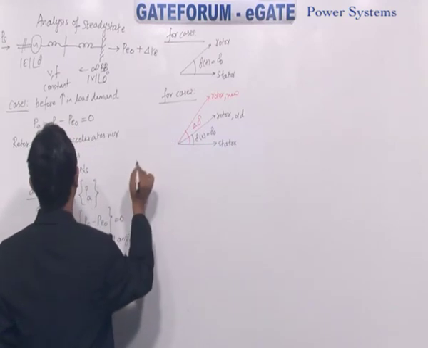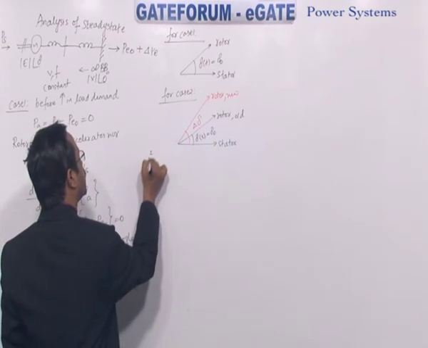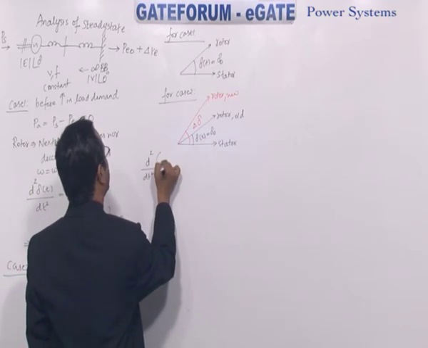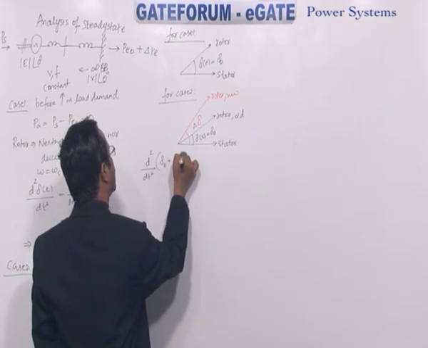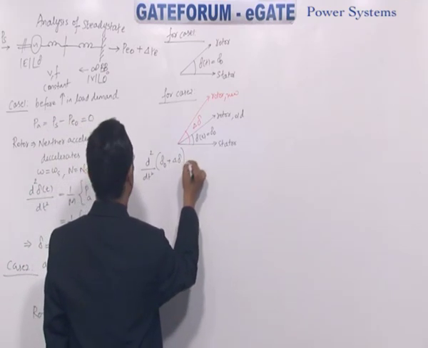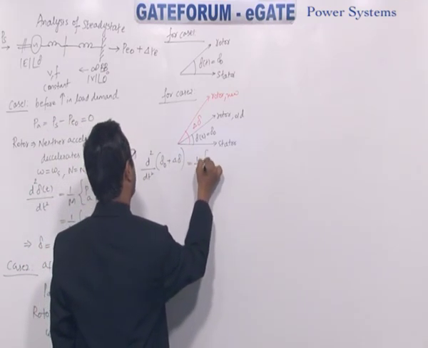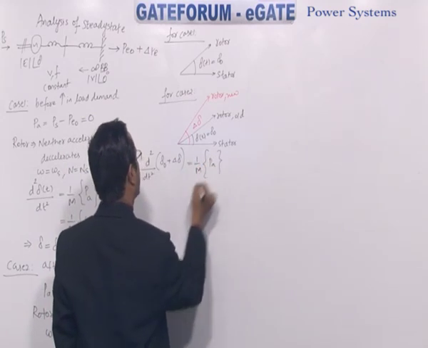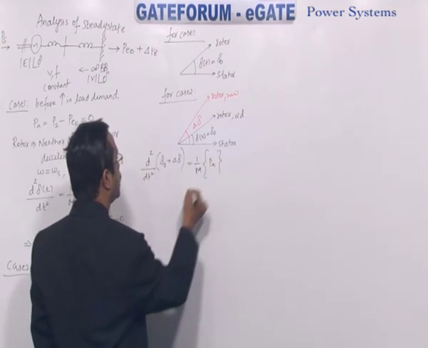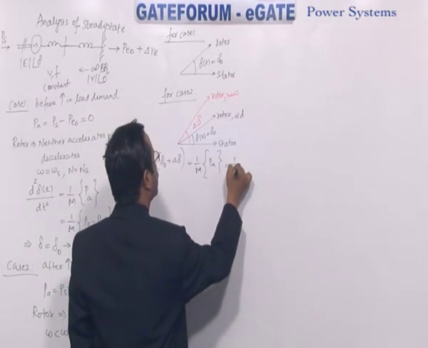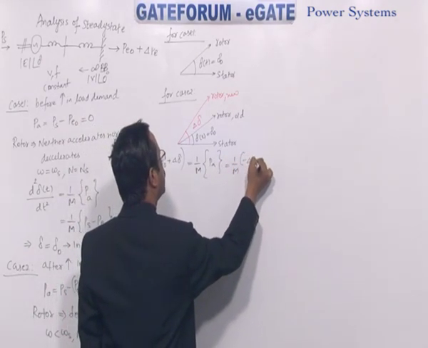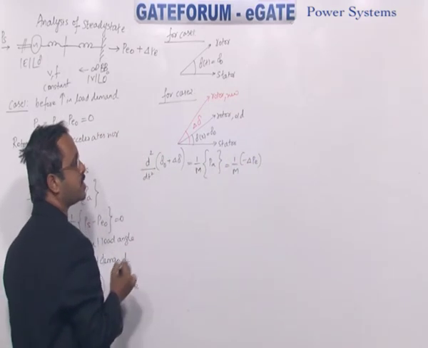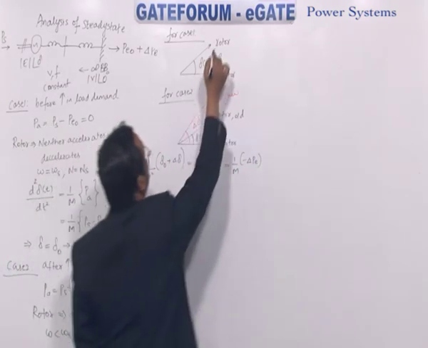So how to write the swing equation now? d square by dt square of delta naught plus delta equal to 1 by m Pa. But how much is that Pa here? Minus delta P. But always you observe one point.